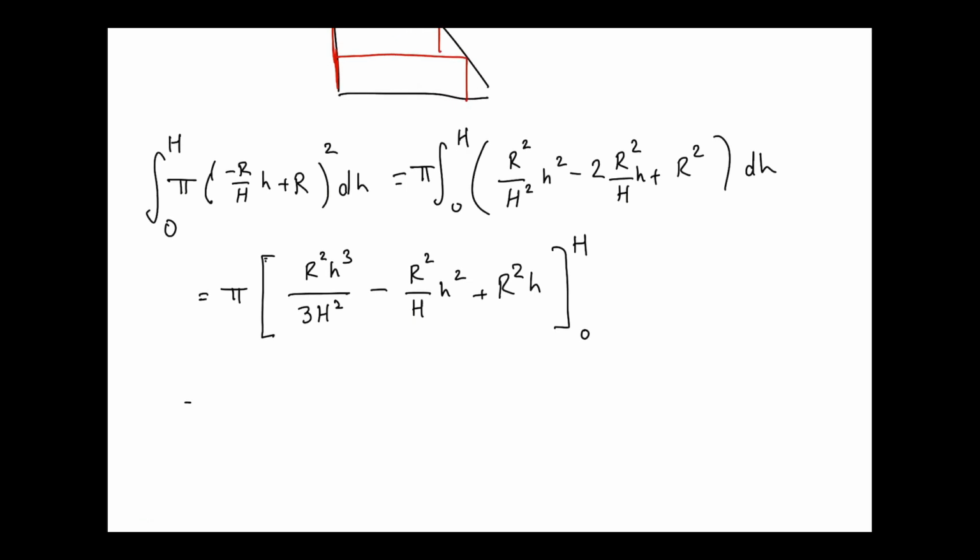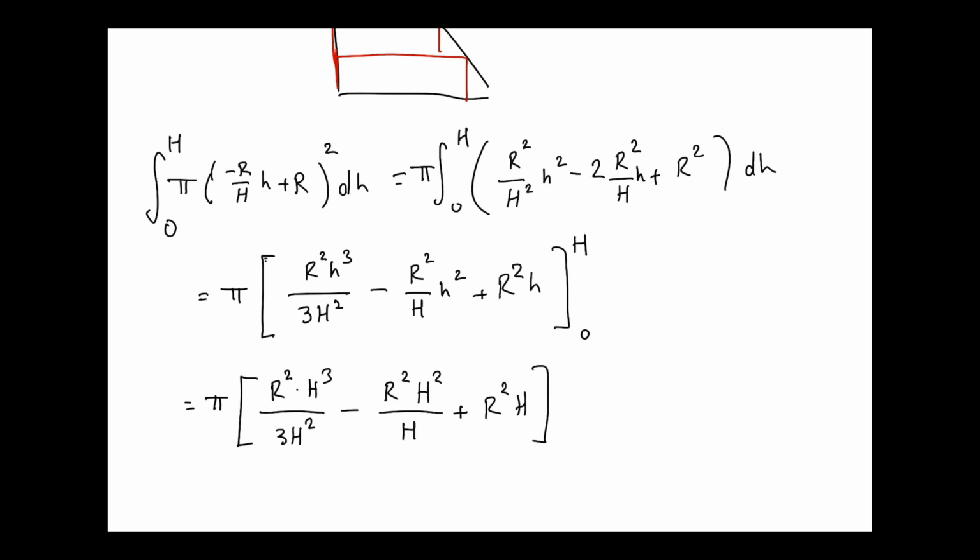If I plug in capital H, then I'm going to get r squared times h cubed over 3h squared minus r squared h squared over h plus r squared h.